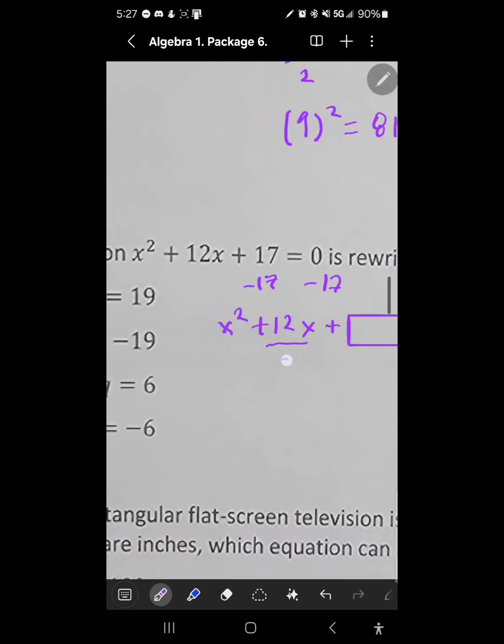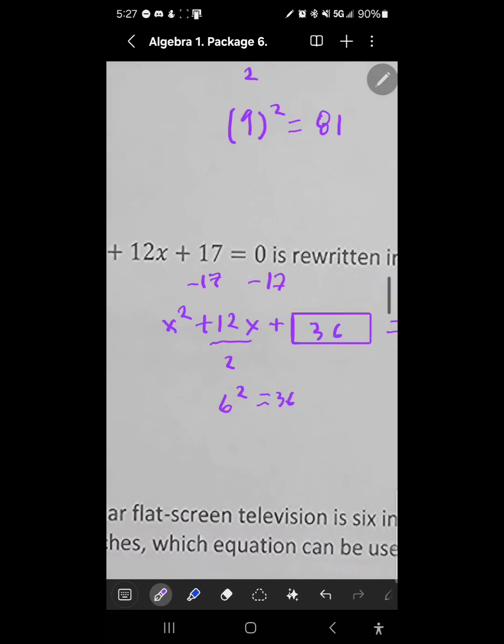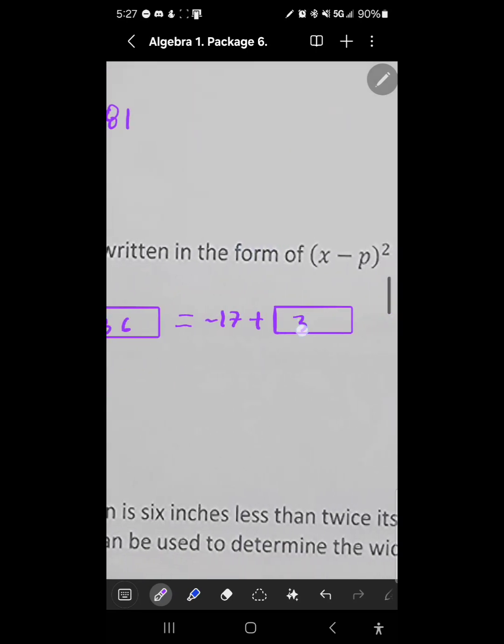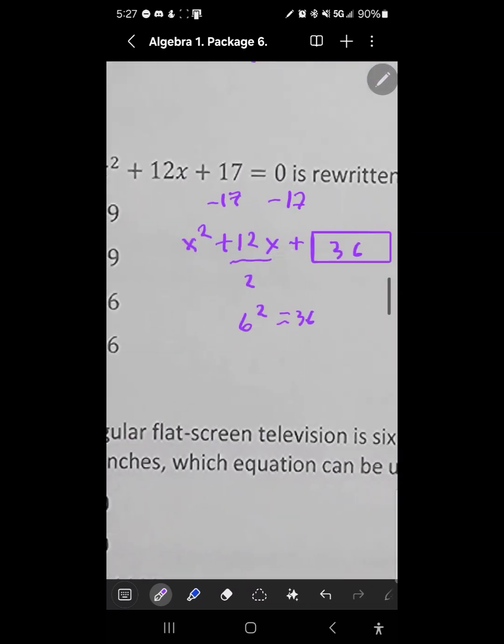So then we divide 12 by 2. That equals 6. 6 squared is 36. So we add 36 to both sides. And as I mentioned before, 12 divided by 2 is 6.